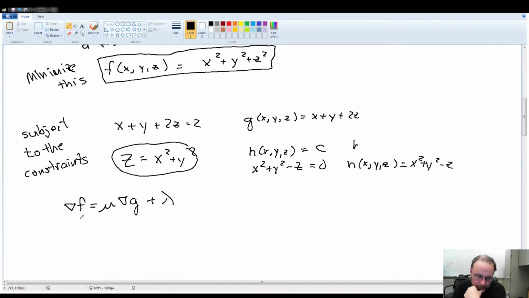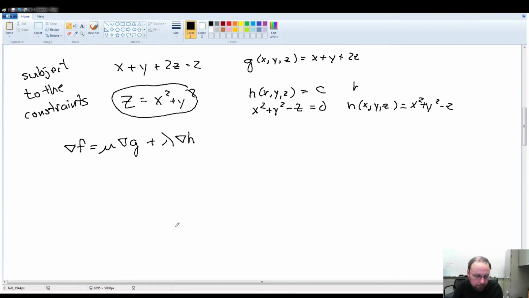Alright, so there we go. We have the gradient of the function we want to optimize f equals a multiple of the gradient of g plus a multiple of the gradient of h. That's the setup, and then using this we want to solve for x, y, z and make sure it's consistent with lambda and mu.